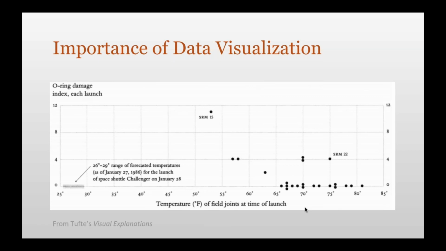But visually, you begin to see that you have a lot of cases where there are no issues, but those drop off once you get below 65 degrees, and you could see how you end up with more damage as the temperatures decrease.